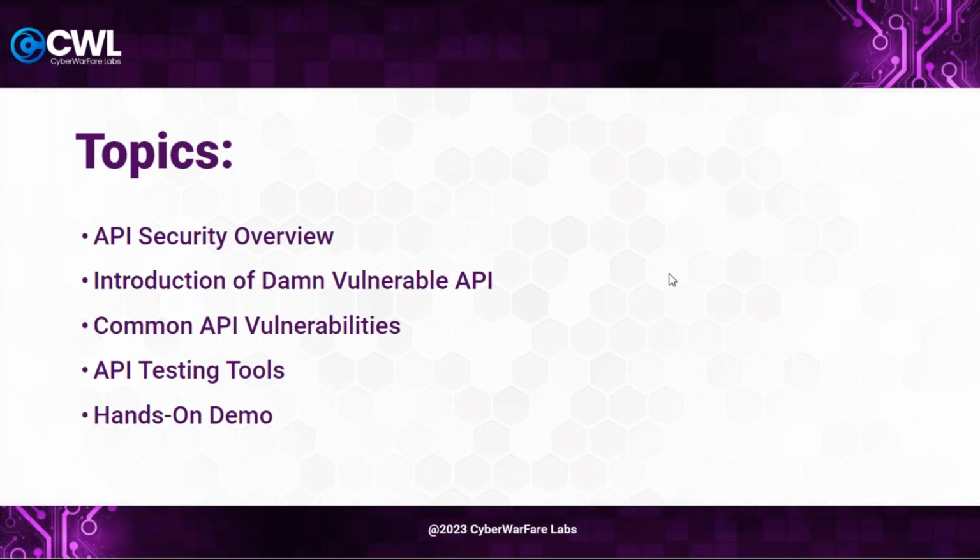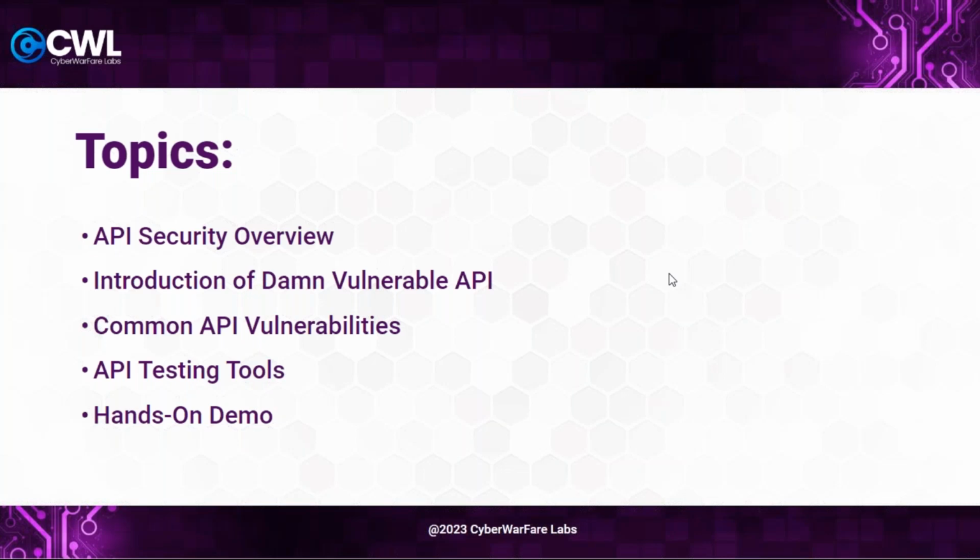Hi there, I am Rohit. I work as a cybersecurity intern in Cyber Warfare Labs. So today, in this webinar, we're going to talk about Damn Vulnerable API. It is a deliberately insecure API designed for educational and practice purposes.